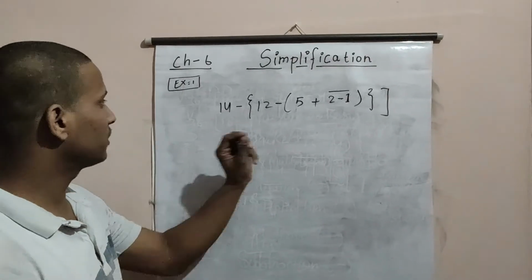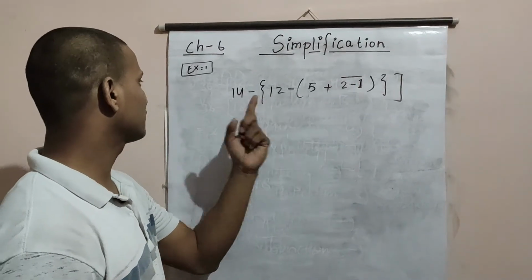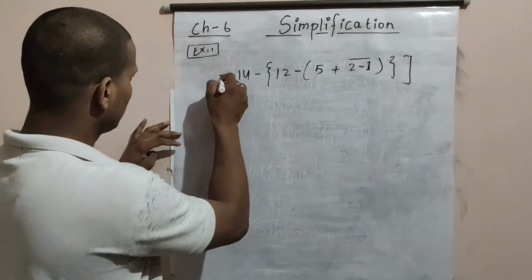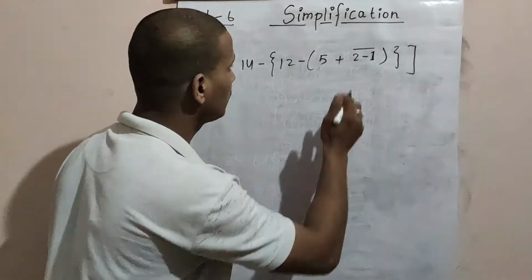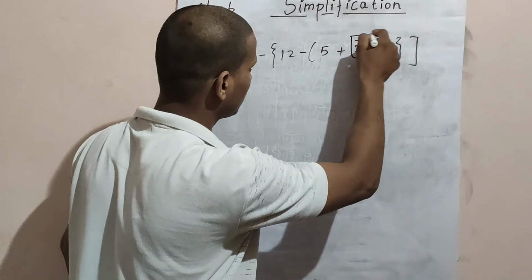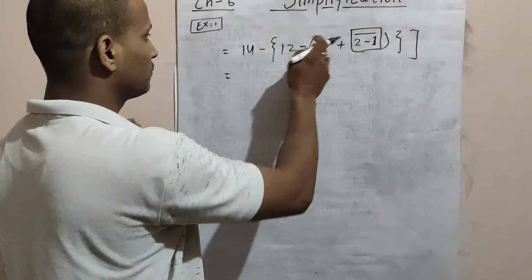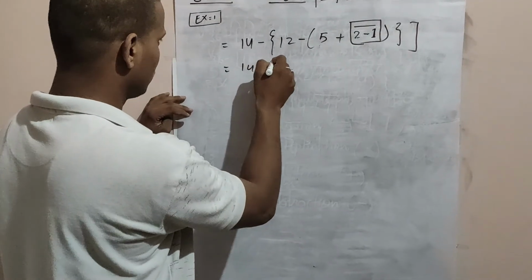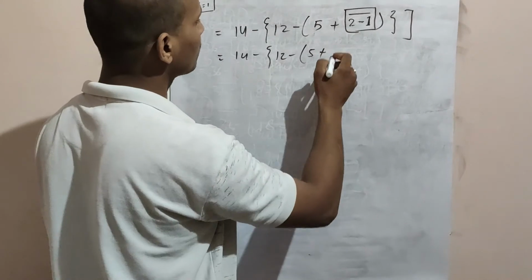Let's take another example in which we have a bar or vinculum, small braces, curly braces, and the final answer. So we need to solve this particular bar, means 2 minus 1, except this sign. 5 plus, and this becomes 2 minus 1, that is 1.